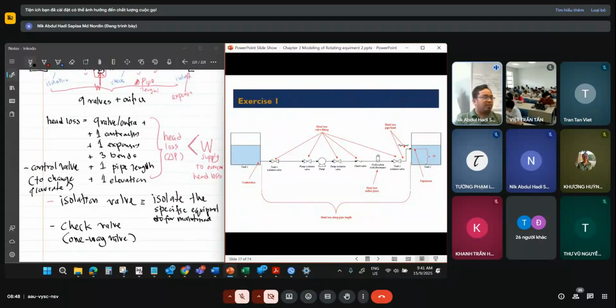Any question for pressure drop? So if you see me looking like this, I'm referring to my second screen here so that I can see how you're doing.